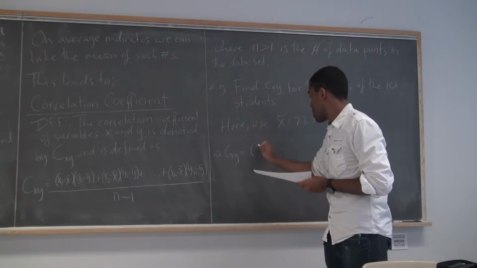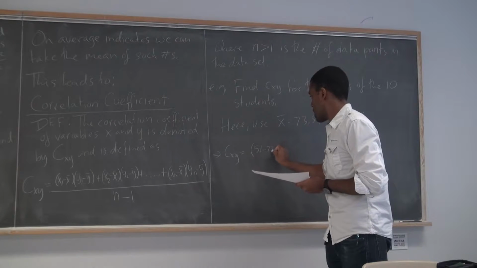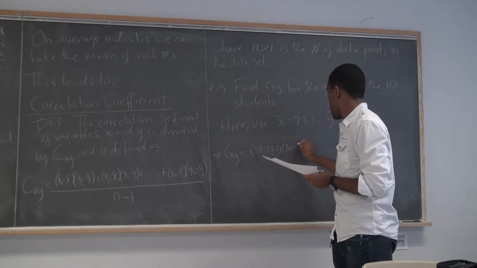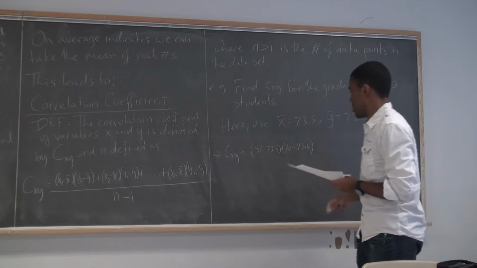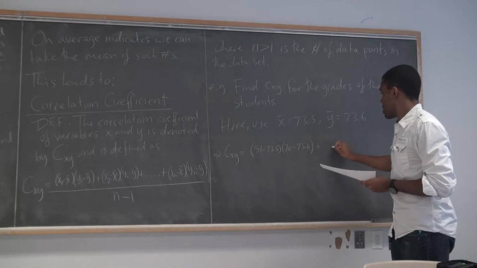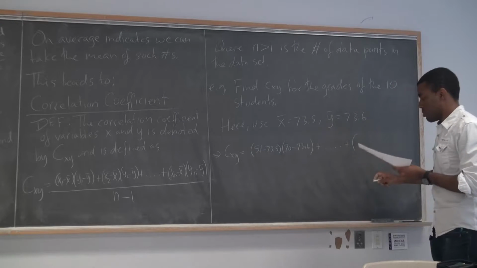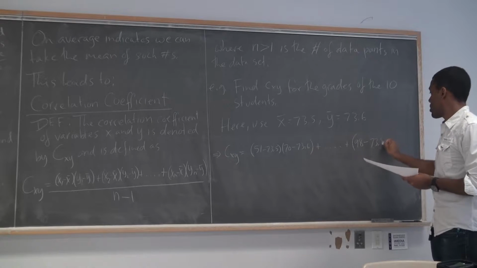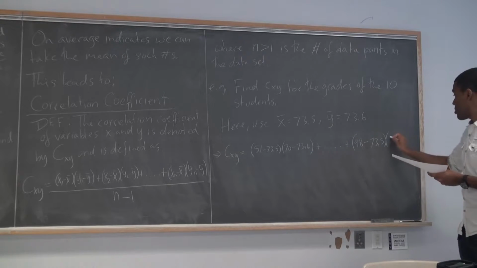So the first value was 51, subtract 73.5, times 70, subtract 73.6, plus, you're going to pair all these numbers. Take the x value minus the average x value times the y value minus the average y value.